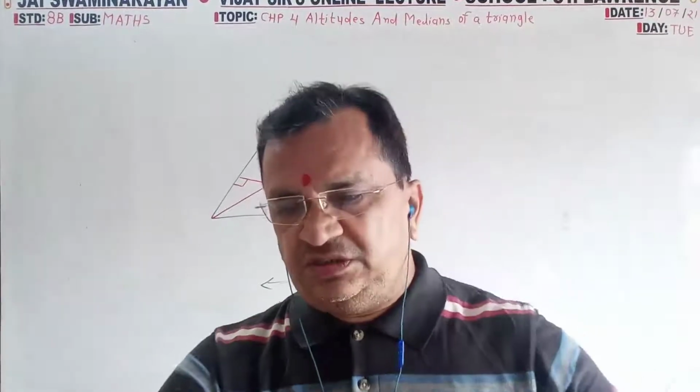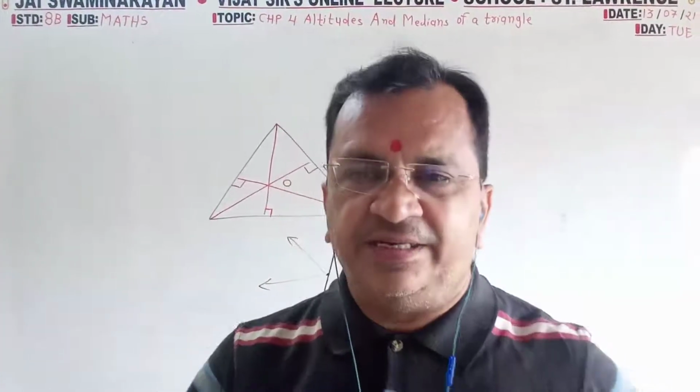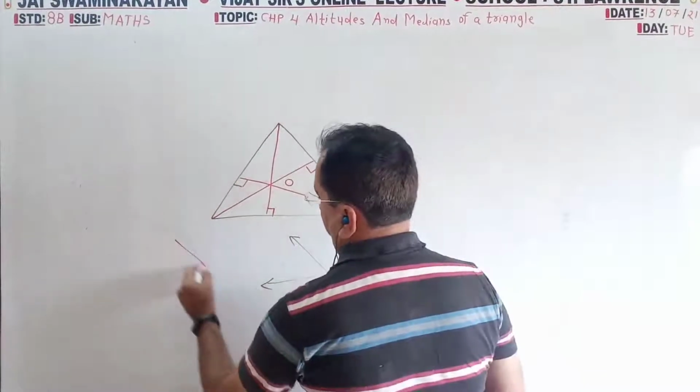CP means concurrent point, CL means concurrent lines. Two lines always pass through one point.